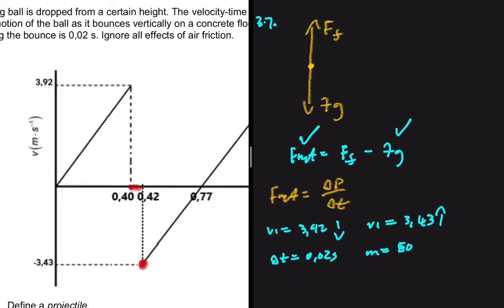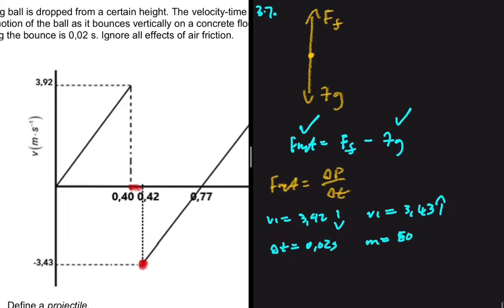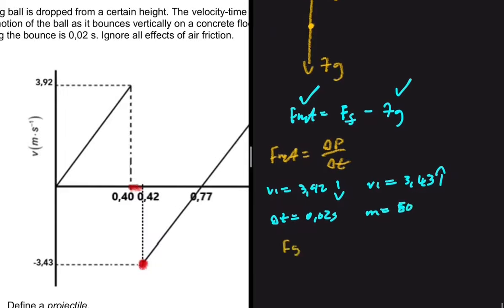Fg, we also have it covered, because Fg is our simplest case, right? So Fg, the mass is 50 grams, and the gravitational acceleration due to the Earth is 9.8 meters per second squared downwards, right? That direction is going to come in handy when we substitute.